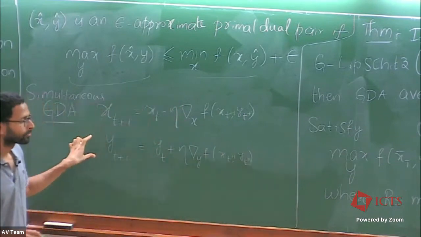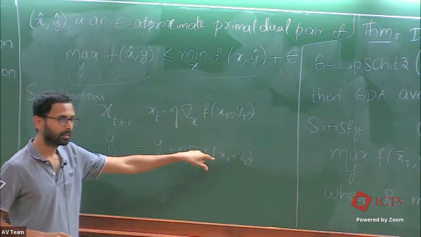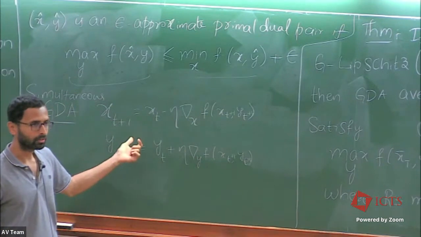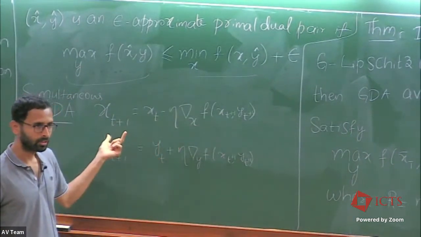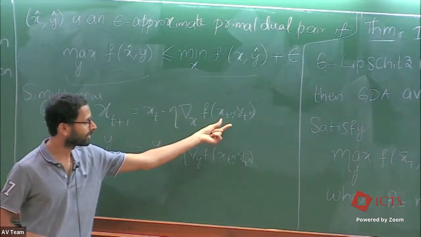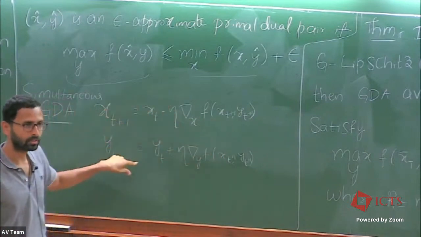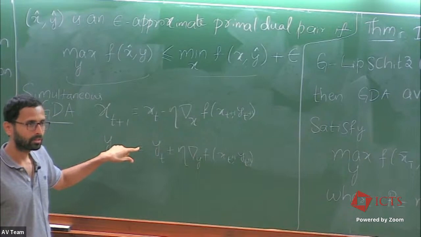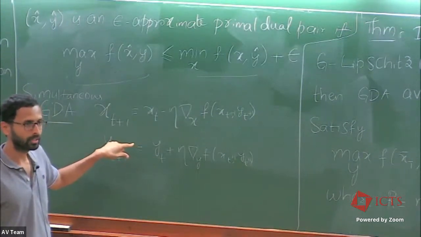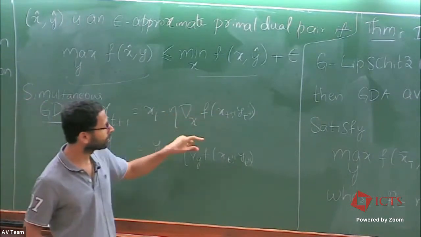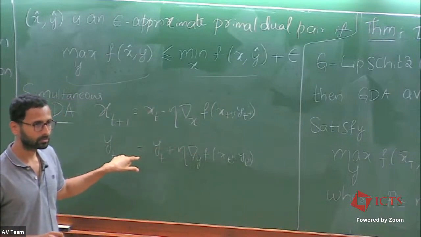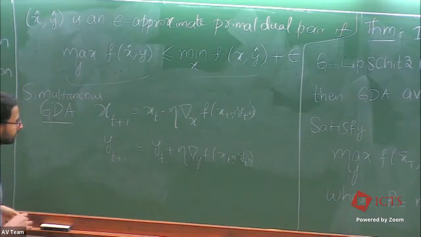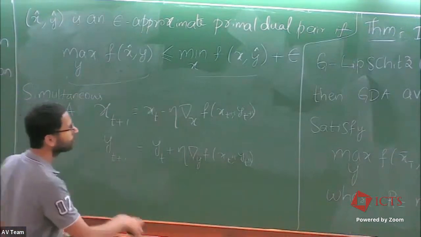T plus 1 everywhere. So this is an implicit equation. Given xt, I can explicitly compute what xt plus 1 is. But if I want this to be satisfied for xt plus 1, yt plus 1, this is an implicit condition. But it turns out that for smooth functions, this can be efficiently found. And the algorithm is also very popular.